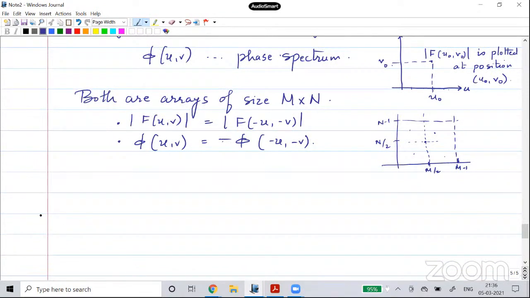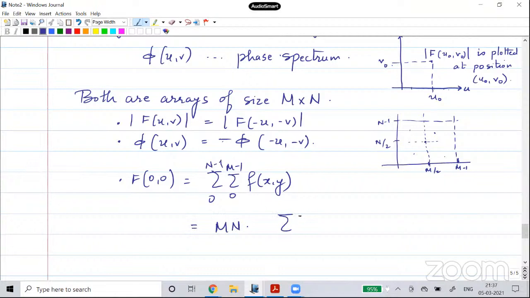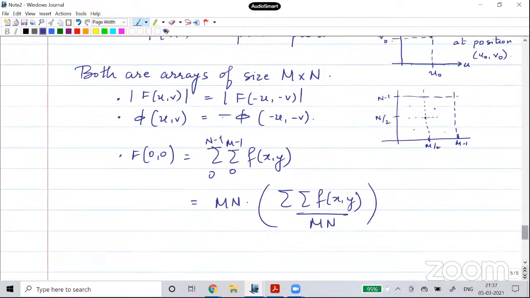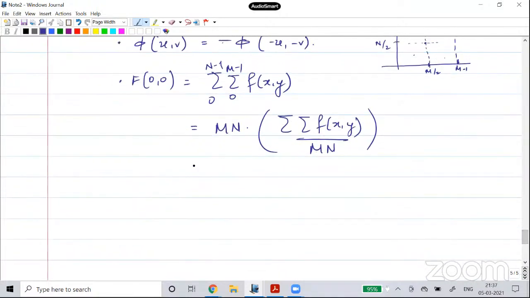Finally, the third point to note about these plots is what F(0,0) is. By the formula for the discrete Fourier transform, this is the sum of f(x,y), x from 0 to m-1, y from 0 to n-1. You can think of this as mn times this sum divided by mn, which is the average of the given image, the sum of the pixels.